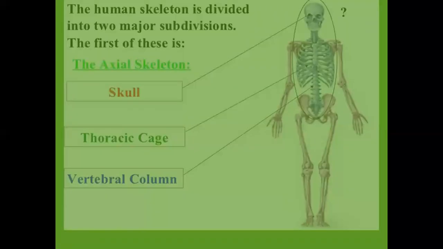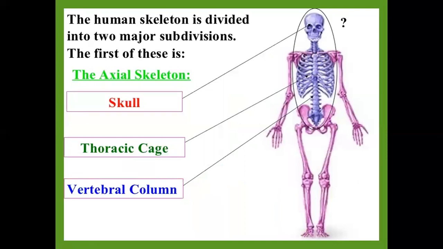Now you can see here different types of bones of the axial skeleton. It consists of the skull, which consists of 22 bones.